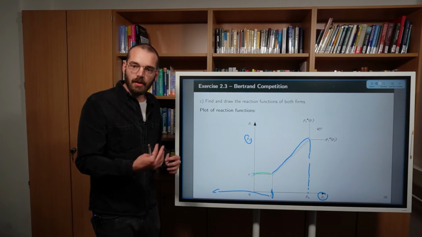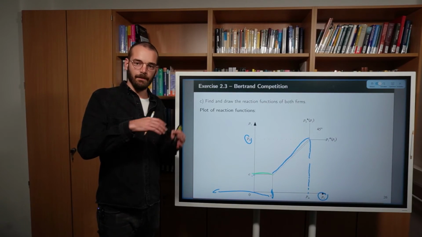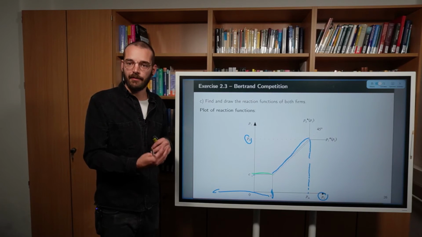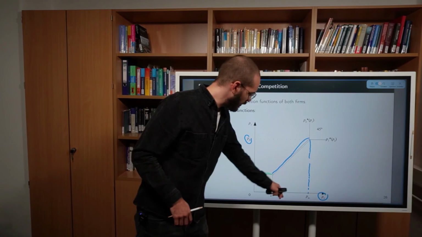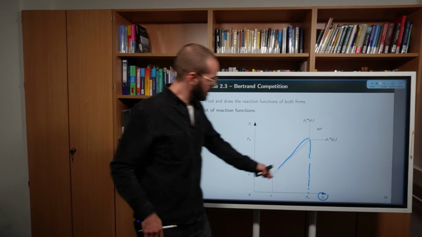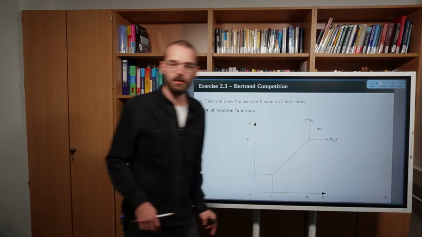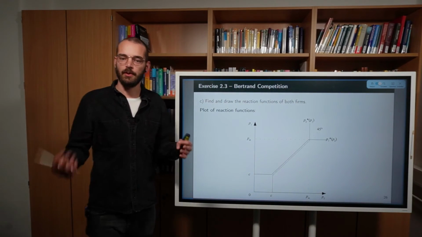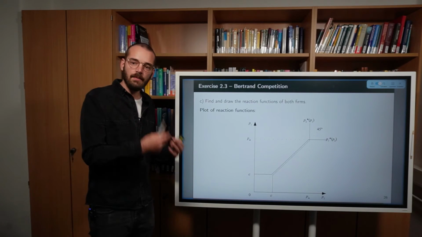And of course this whole story holds analogously for the other firm. Just convince yourself that you can switch the numbers of my argument, switch 1 and 2, switch I and J, and the same logic applies.